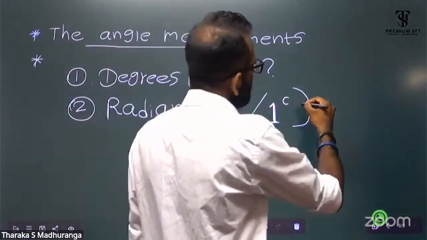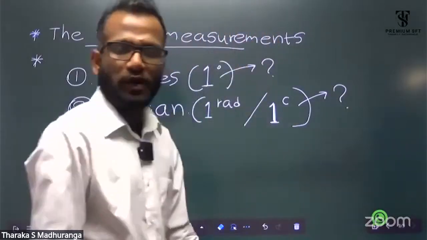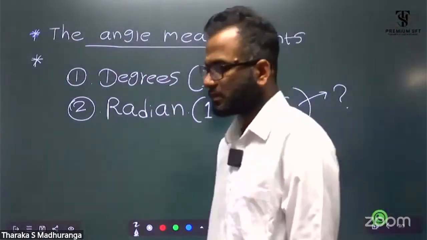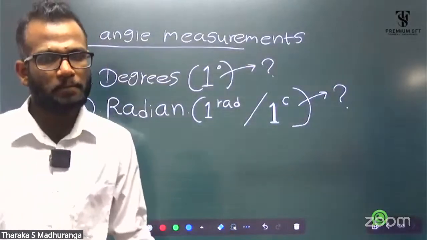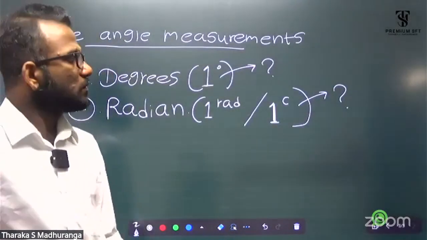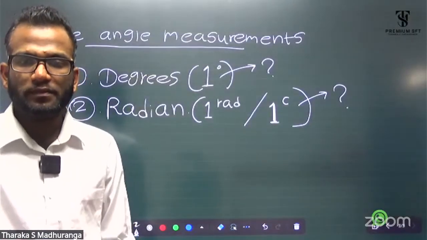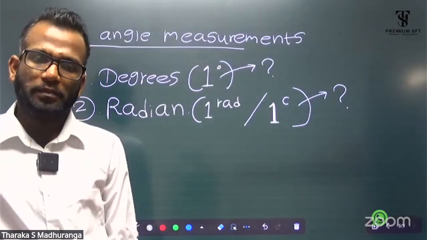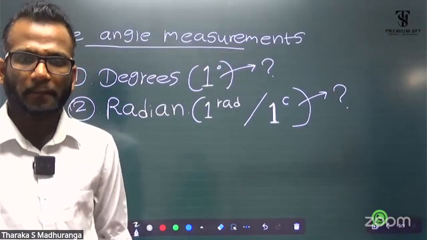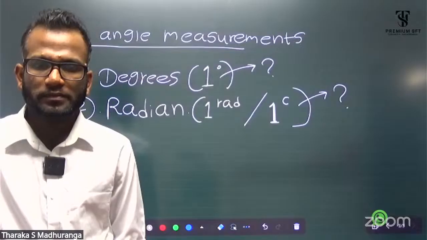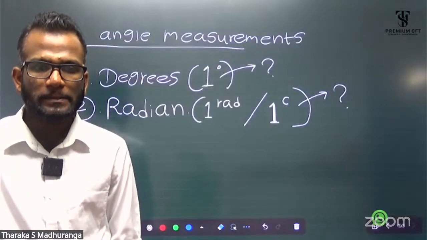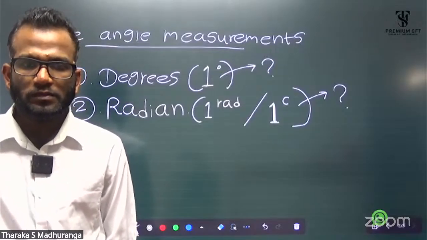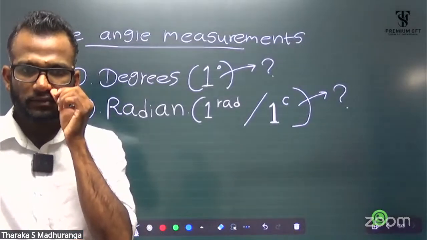Okay, what's the meaning of 1 radian? One radian, 1 rad or 1 c. Anyone?